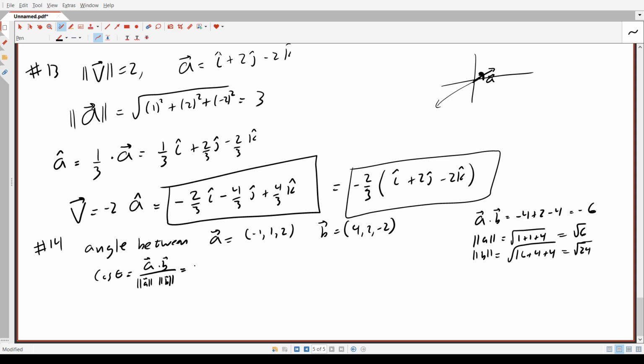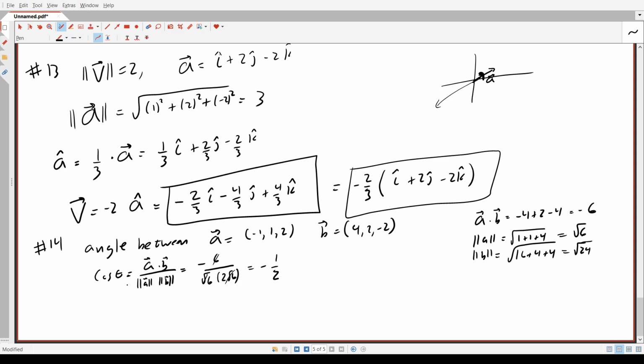So we plug this in and we have -6 over root 6 and root 24, which is the same as 2 root 6. So root 6, those come out to be 6, and they cancel on top, so I just end up with -1/2. So the angle between these two vectors is the angle whose cosine is -1/2.